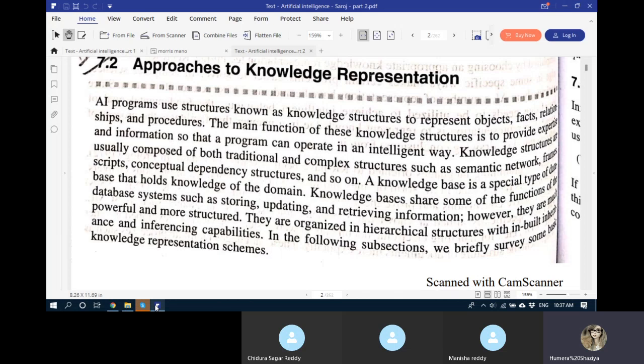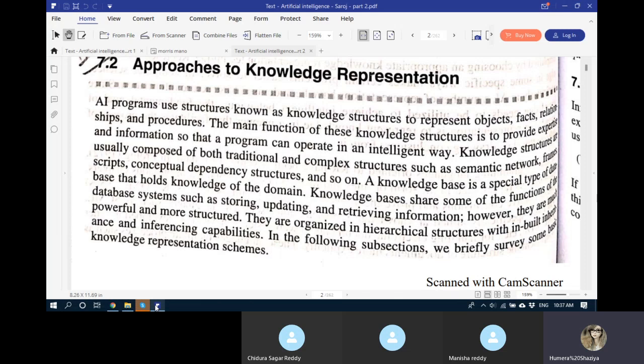Whatever objects, facts, and facilities are there in the hospital, all that you can represent in the form of a knowledge base. So domain means it represents a particular area.